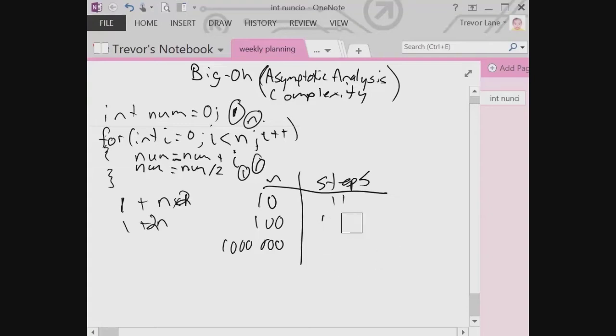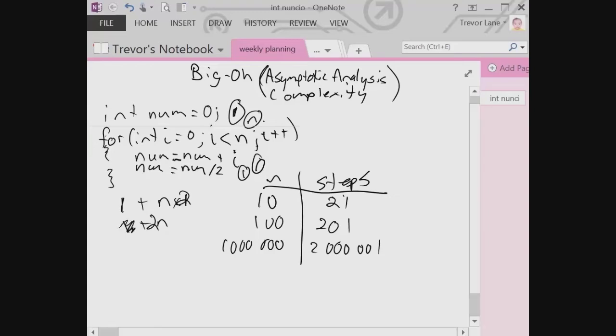So let's take a look at that. If n is a value of 10, that means we'd have 2 times 10, which is 20, plus 1, so it's going to give us 21. Then 100, it's going to give us 201. And then 2,000,001. What we come up with is a very similar scenario. First of all, as n increases, again, the 1 is pretty insignificant, so we can kind of ignore it.